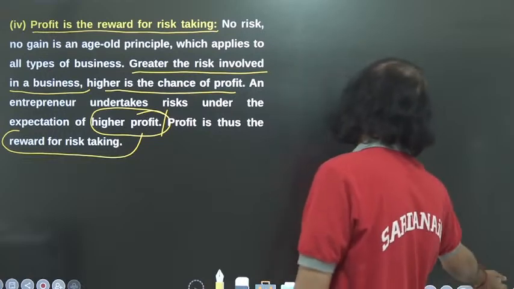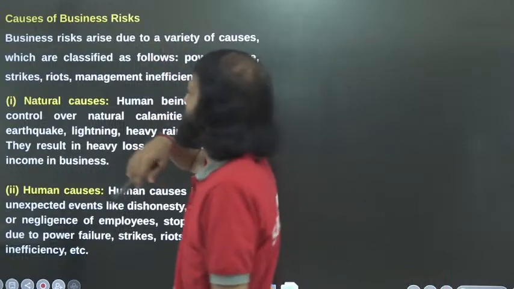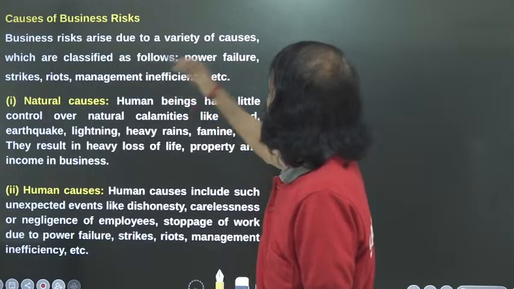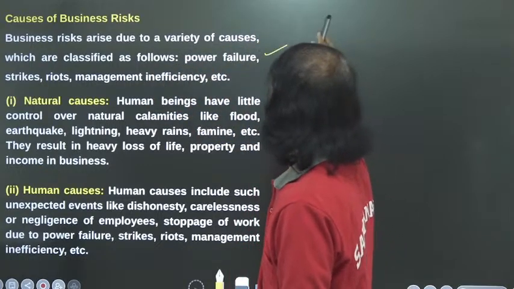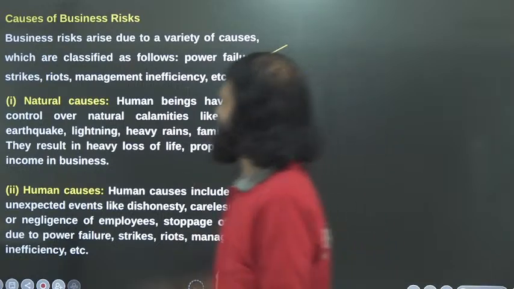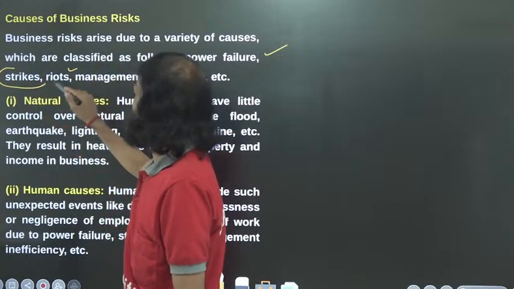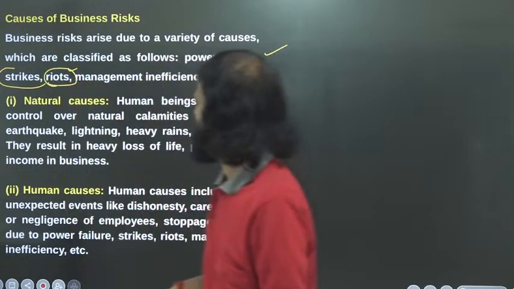Okay. Then we can move on to the next point, that is causes of business risk. Business risk arises due to a variety of causes which are classified as follows. Power failure can create business risk. Power failure, employees' strikes, riots, some religious people create these riots.